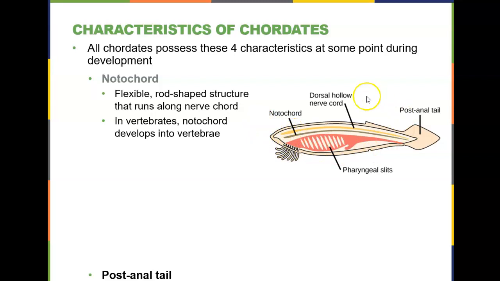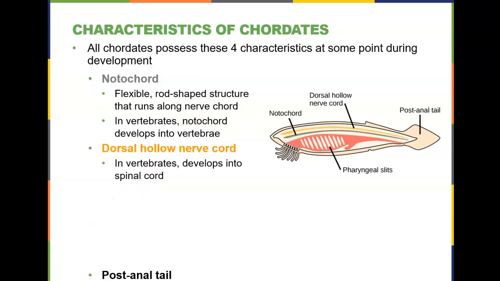In this lancelet, it's a flexible rod-shaped structure. It runs along underneath the dorsal nerve cord. So the dorsal nerve cord is on top. And for vertebrates, the notochord will go away in adulthood and develop into the vertebrae and the cranium, which will contain the brain and the spinal cord.